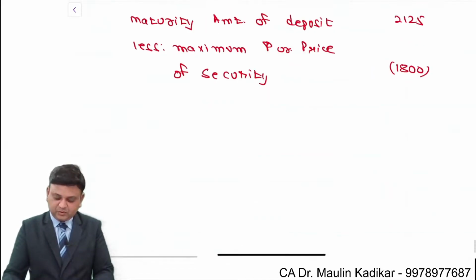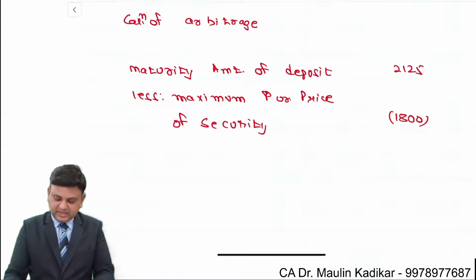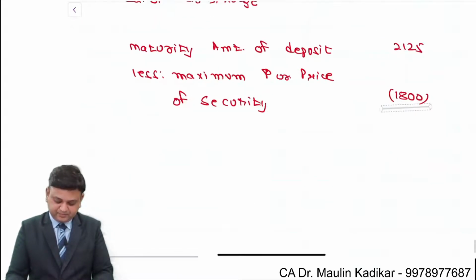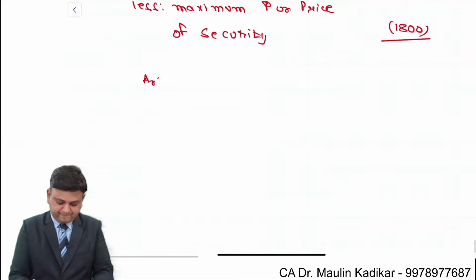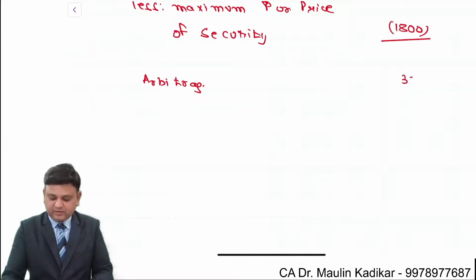So difference between both of them is arbitrage, 325.